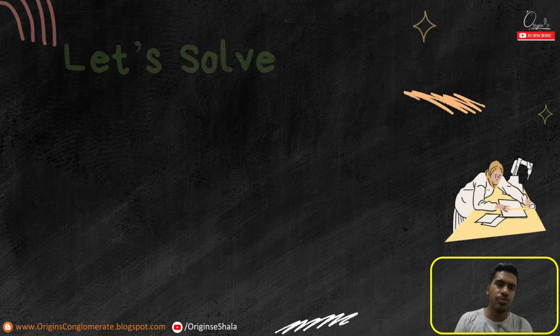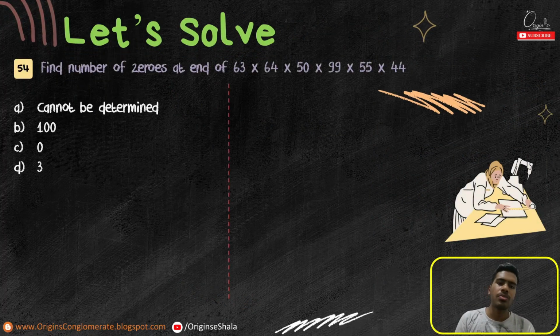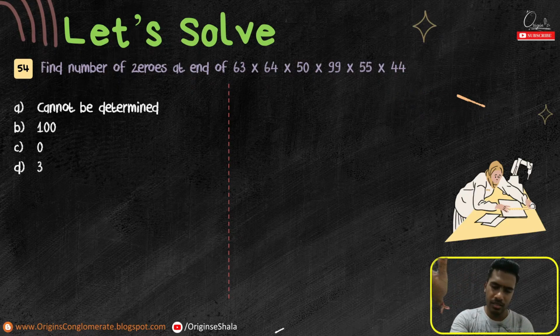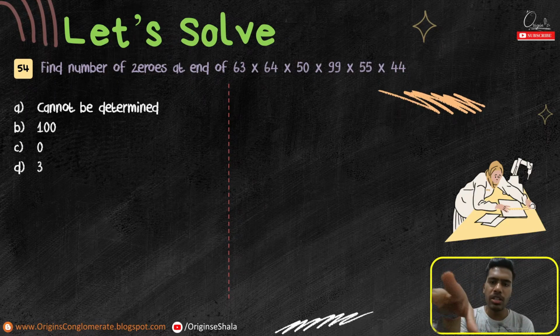So let's do a few practice sets. Now, this is the question. I hope you pause the screen and try it yourself as I continue. This is a multiplication of a few numbers and you simply need to find the zeros at the end.